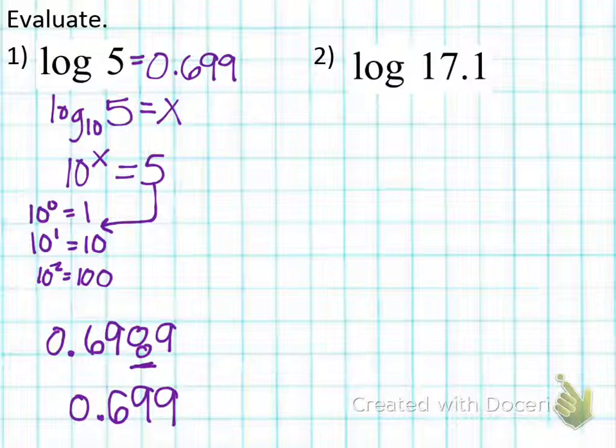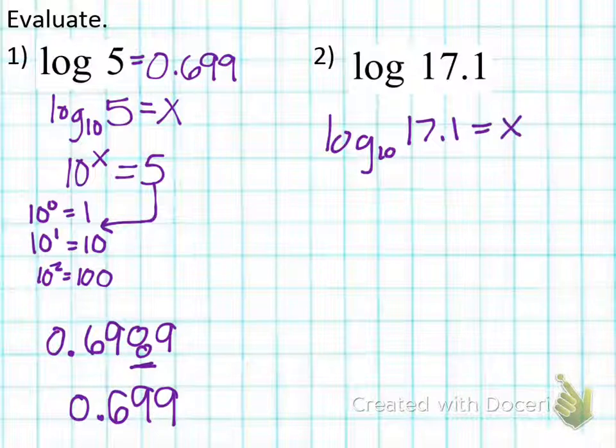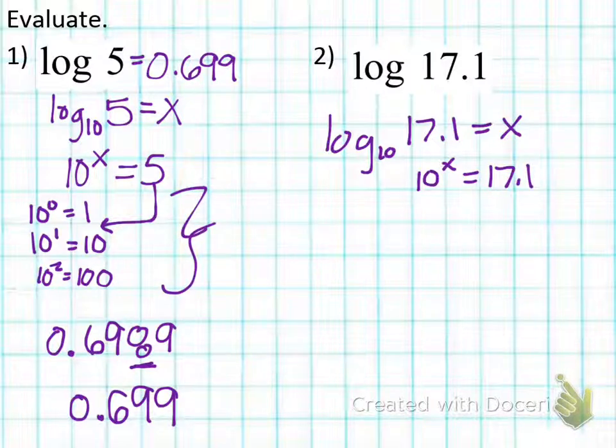Alright, moving on to number 2. Again, you're going to hit those same buttons on the calculator. But before we do that, I should think of this as log base 10 of 17.1. That's equal to some number. And I can rewrite this as an exponential equation, which means 10 to the x equals 17.1. Okay, again, looking back at my powers of 10, I know that 10 to the 0 is 1, 10 to the first is 10, and 10 squared is 100. 17 is going to be in between 10 and 100, so I know my answer should be between 1 and 2, probably closer to 1, since 17 is much closer to 10 than it is to 100.